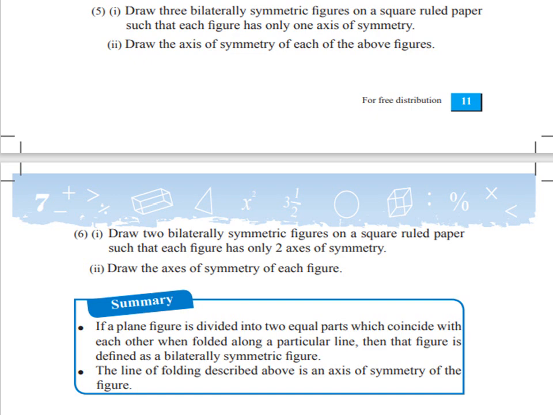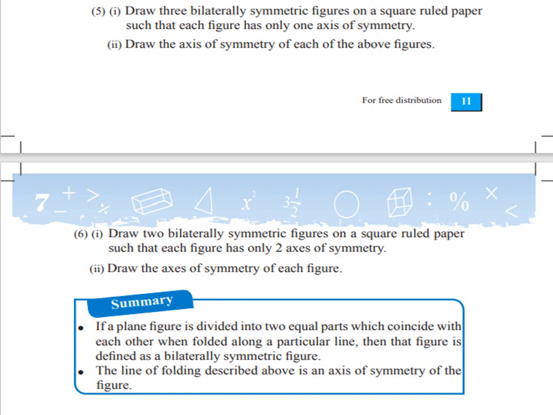So let's go to the sixth one. Draw two bilateral symmetric figures on a square ruled paper such that each figure has only two axes of symmetry. Draw the axis of symmetry of each figure. So guys, in the sixth one, that says draw two bilateral symmetric figures on a square ruled paper such that each figure has only two axes of symmetry.